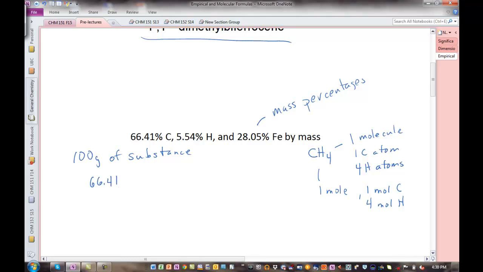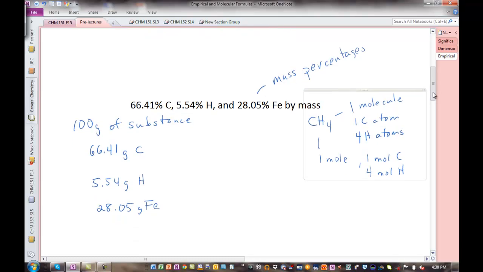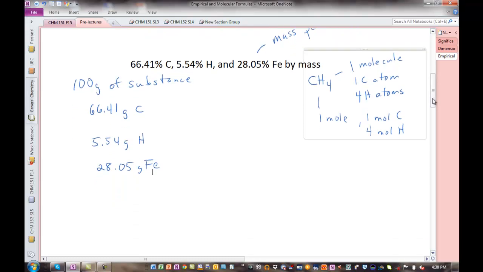So let's do this calculation. By assuming 100 grams of substance, we have 66.41 grams of carbon, we have 5.54 grams of hydrogen, and we have 28.05 grams of iron. Okay, that's pretty straightforward. Now we're going to arrange our molar mass so that grams cancel and we end up with moles.